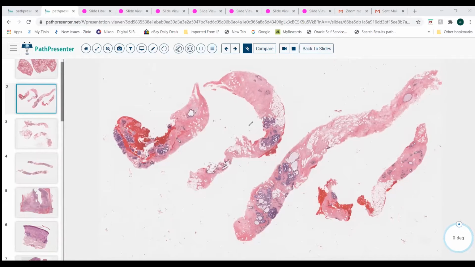As you can see, there are multiple cores here. Let me close the annotation so you can see that there are multiple cores.